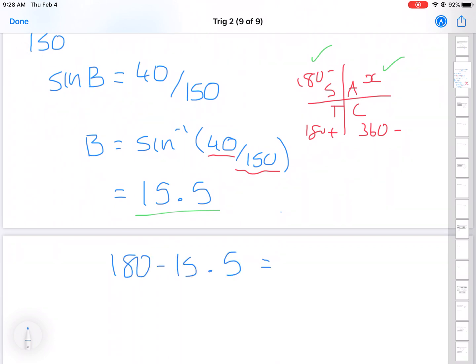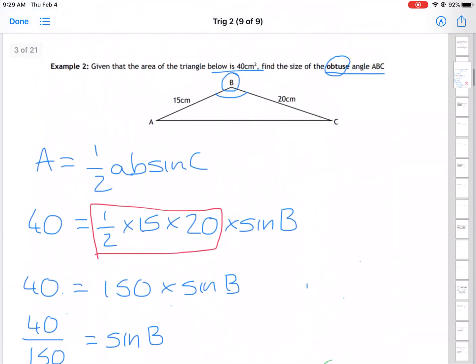Now, if we do this calculation, we will see that we get an obtuse angle of 164.5 degrees. And that there will be our angle instead of the 15.5. Remember, there's always two possible answers to this. So our final answer here is 164.5 degrees.